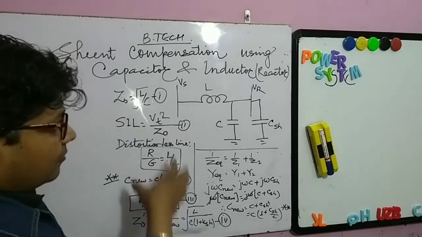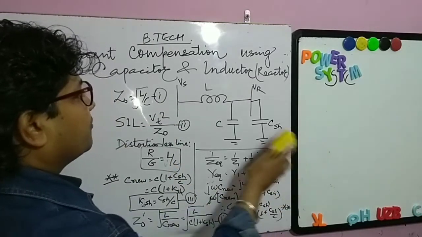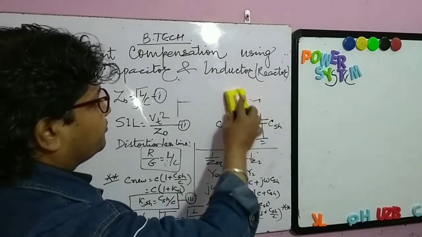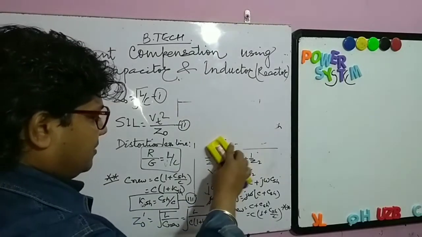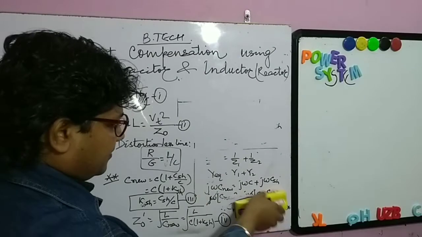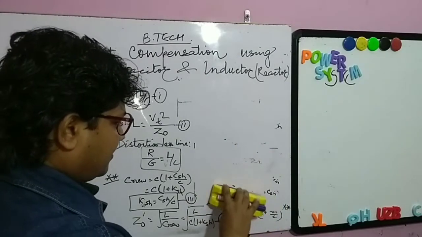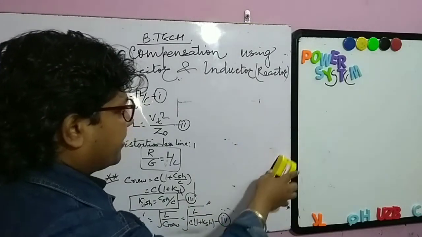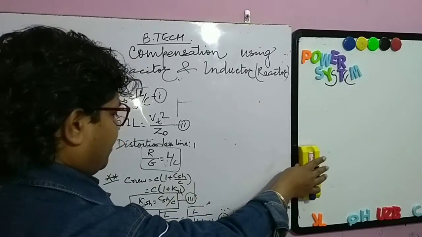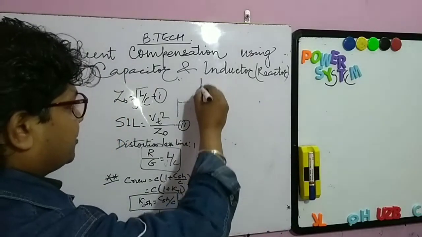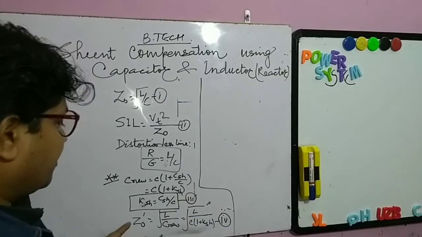Using all four equations, what are we getting here? Just note it down.